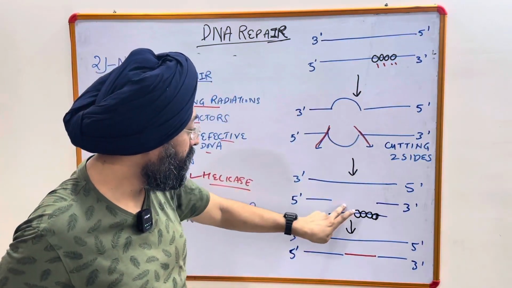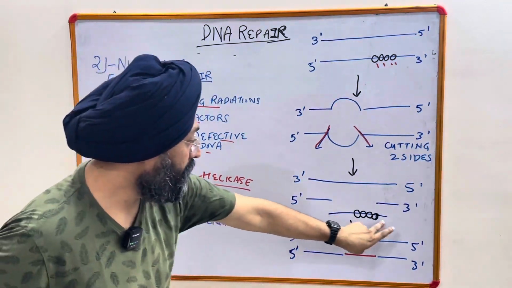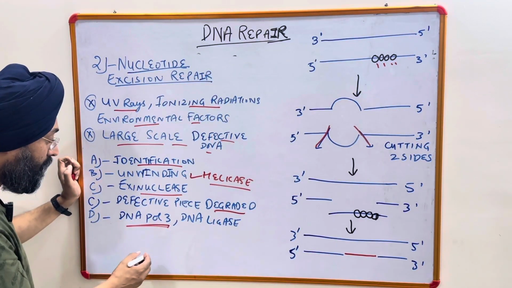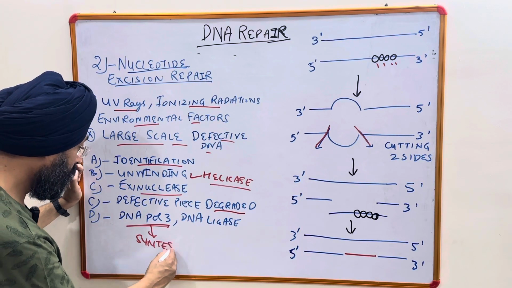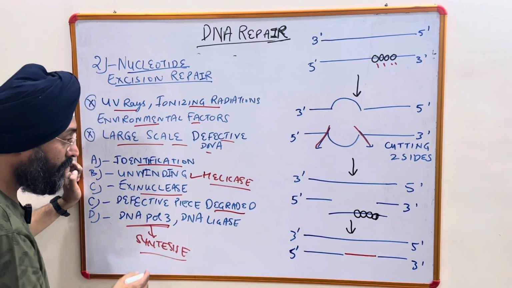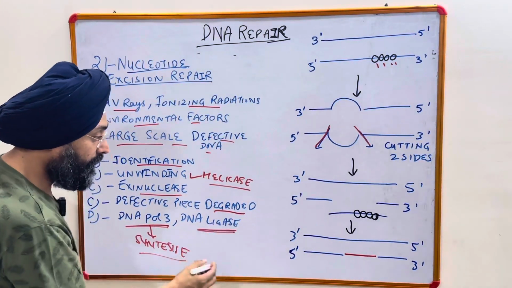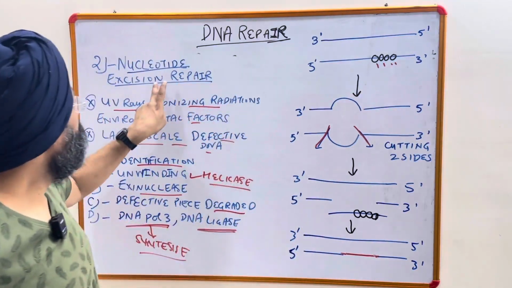So this defective piece is removed and degraded. Then comes the role of DNA polymerase 3. The DNA polymerase 3 will synthesize the new DNA that is shown in red, right? And finally the DNA ligase will seal it, and the DNA repair is done in nucleotide excision repair.